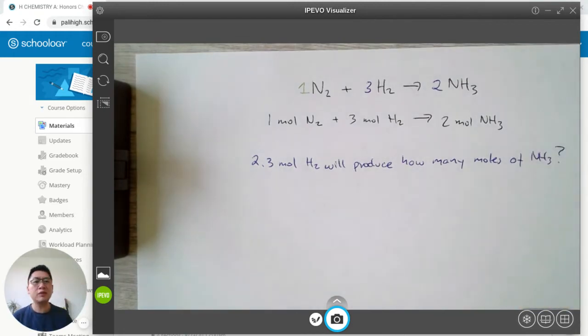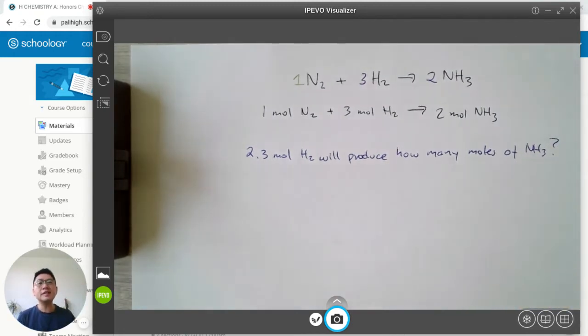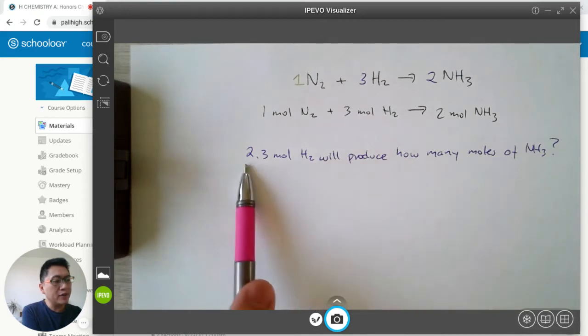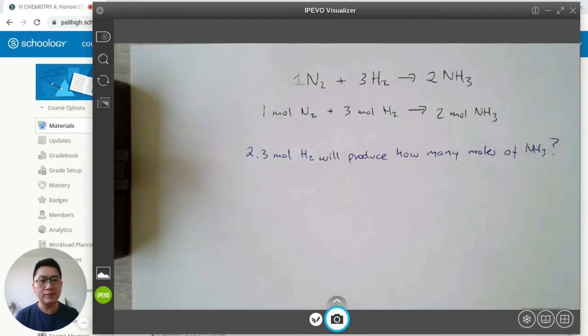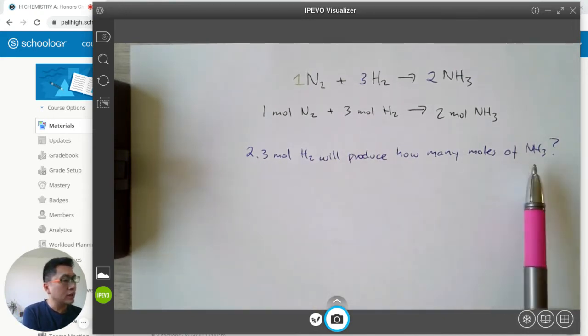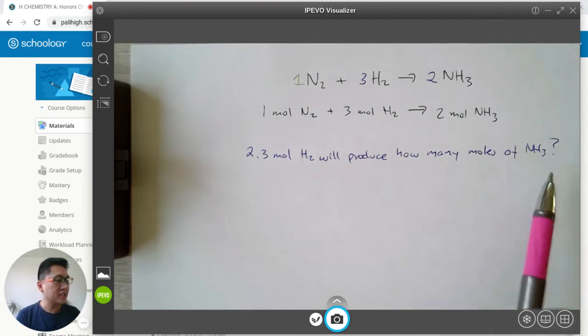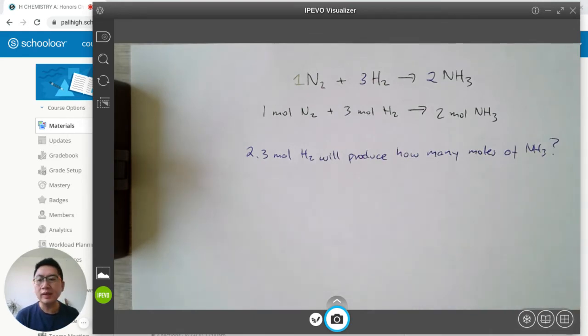Okay, that's my first question. This is the easiest of questions in stoichiometry. Why? This is a moles to moles problem. I am given moles, in this case 2.3 moles, and I'm trying to find moles of NH3 ammonia. That's an NH3, if you can't read my handwriting.